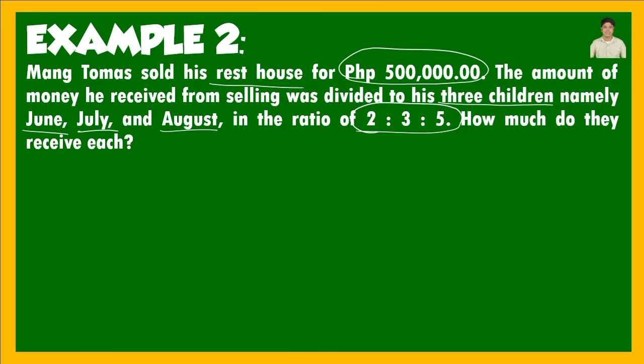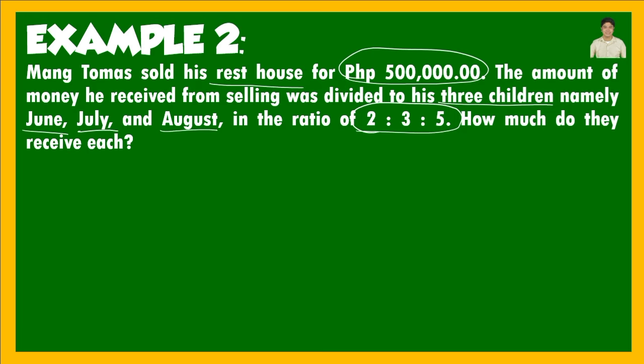Makikita na hindi pantay-pantay yung ratio, yung matatanggap na pera, amount of money, nung tatlo niyang anak. So, 2 nagko-correspond kay June, yung 3 kay July, and then yung 5 kay August. Kitang-kita naman na si August ang makaka-receive ng pinakamataas or pinakamalaking share dun sa 500,000 pesos.